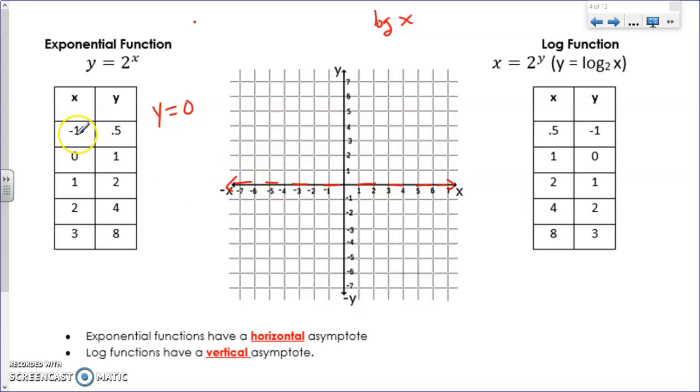The points are -1, 0.5; 0, 1; 1, 2; 2, 4; and 3, 8. We know that it goes close to that asymptote, but never touches, and then it goes off to infinity.